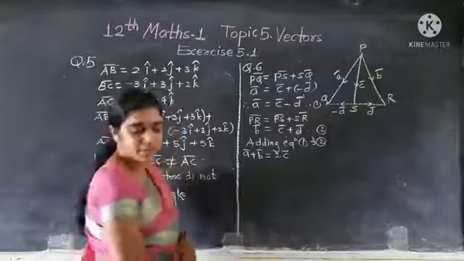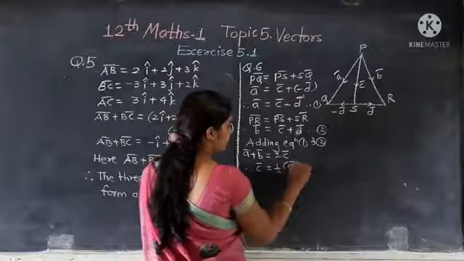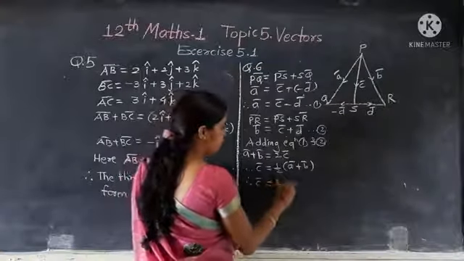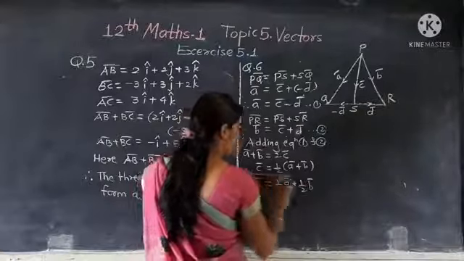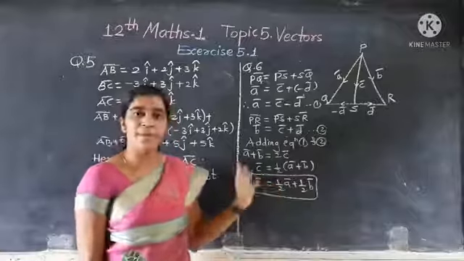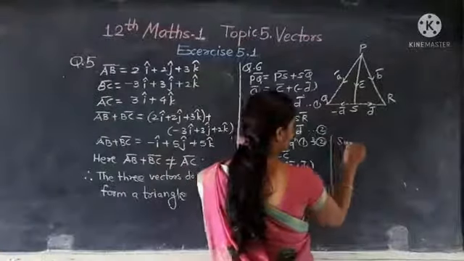From this we write the value of C bar as C bar is equal to half into A bar plus B bar. That is, C bar is equal to half A bar plus half B bar. Thus we express C bar as half A bar plus half B bar.